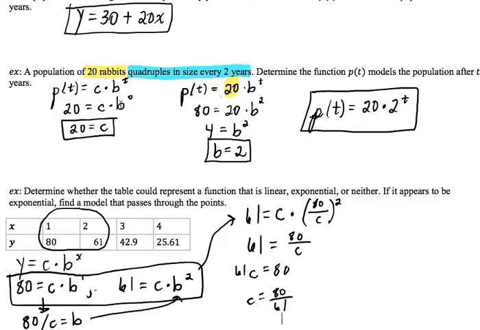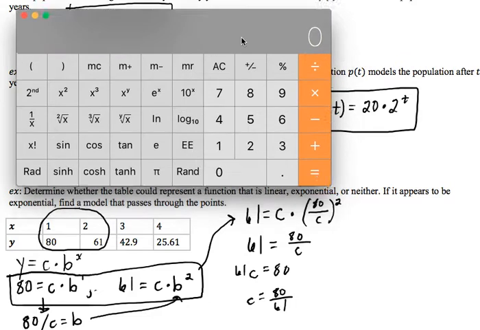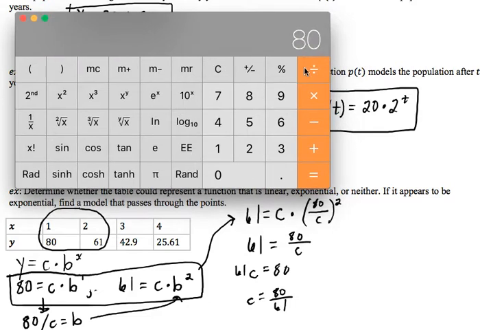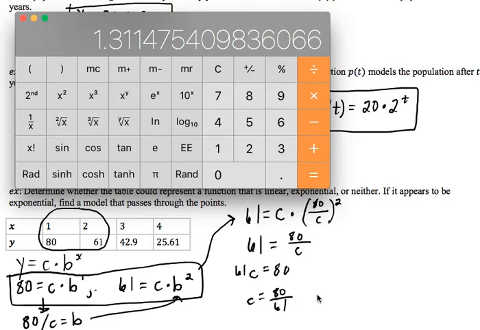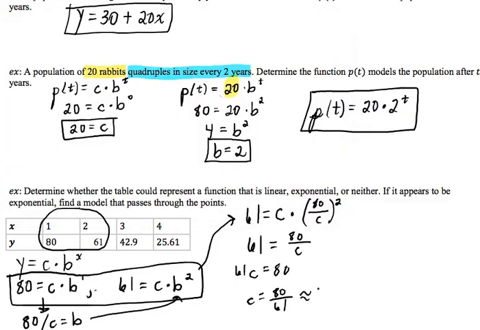You could leave it as a fraction, but since this problem involves decimals, let's go ahead and just convert that to a decimal. So 80 divided by 61 is 1.3115 if we round. Okay, now we can go ahead and plug that in to find b, so let's do it right here.